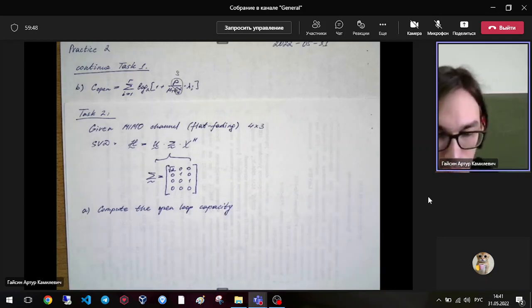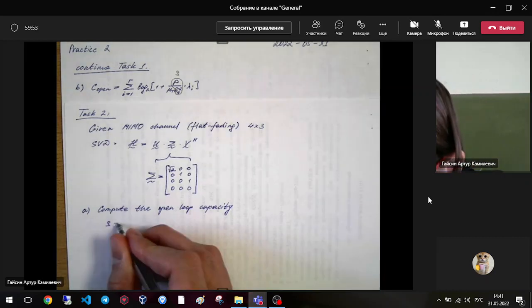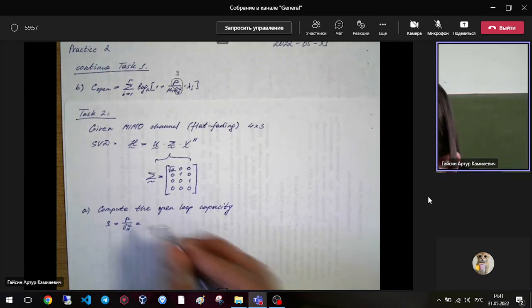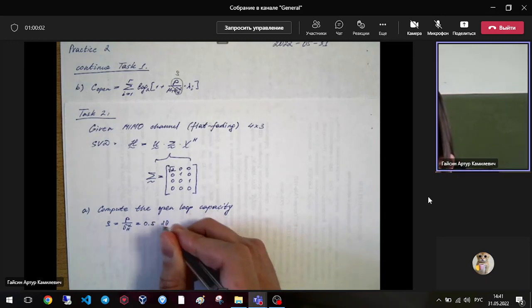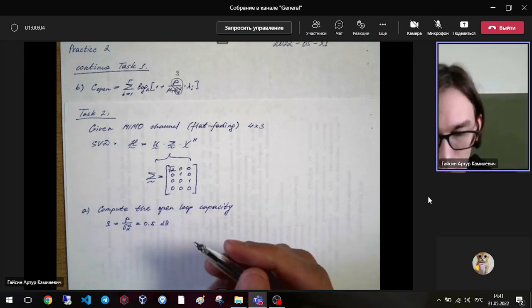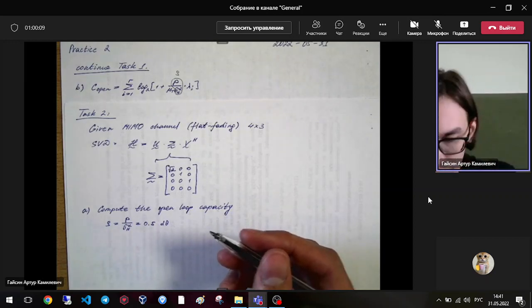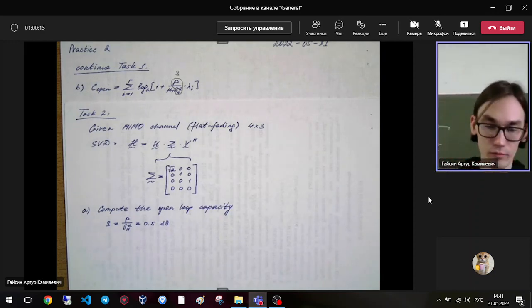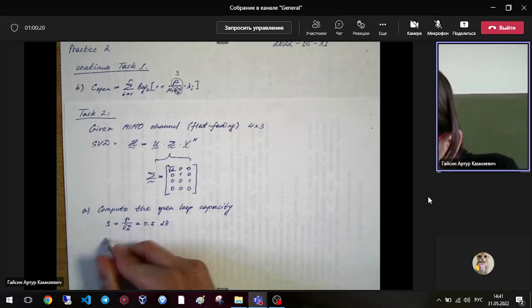And for example, the signal to noise ratio, so P divided by sigma n squared is equal to 0.5 dB. So first, of course, we can write this C open in general case.